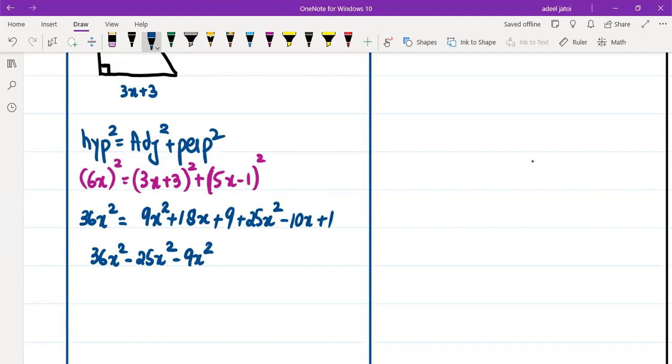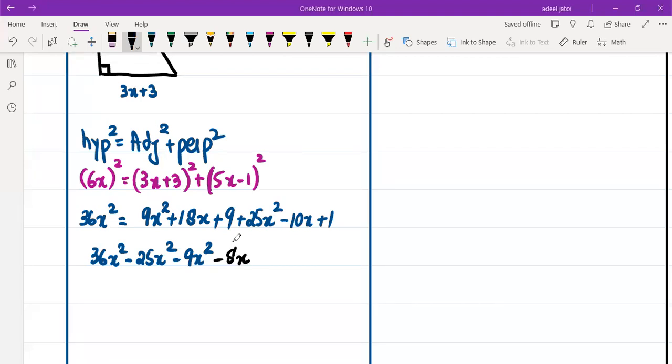Whereas we have 18x and minus 10x. 18x minus 10x becomes 8x. 8x, if it goes to the other side, becomes negative 8x. So this will be negative 8x on this side.